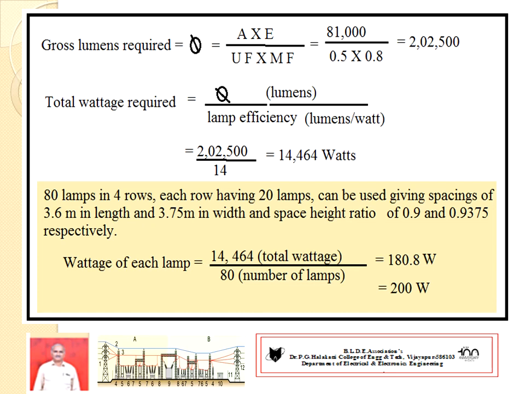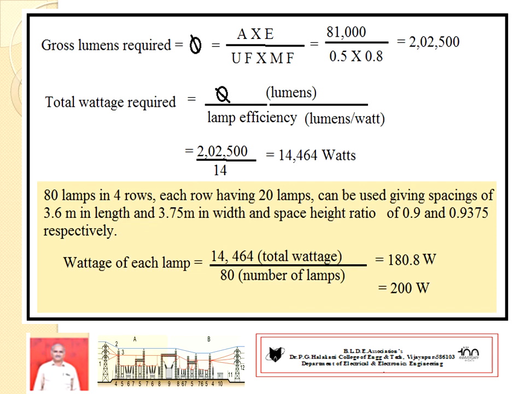Then we select 4 rows, each row consisting of 20 lamps, giving a spacing of 3.6 meter lengthwise and 3.75 meter widthwise, with space height ratios of 0.9 and 0.93 respectively. So finally we are going to use 80 lamps.